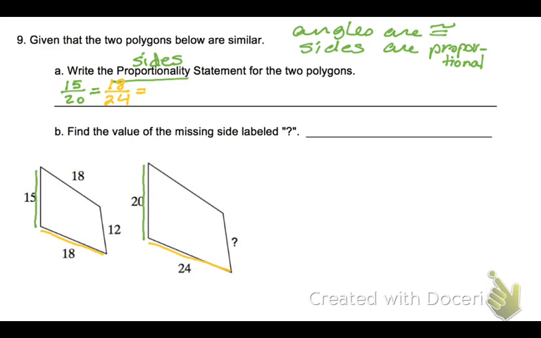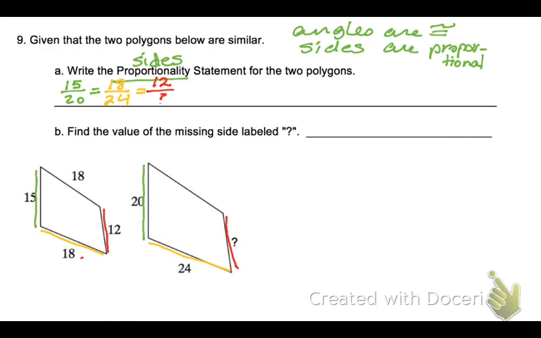We might guess that it's 24 because that's 18 and 18, but we don't know. So we just leave it out of the whole equation. But we do need to do 12 compared to the question mark. Okay. So this is your proportionality statement.